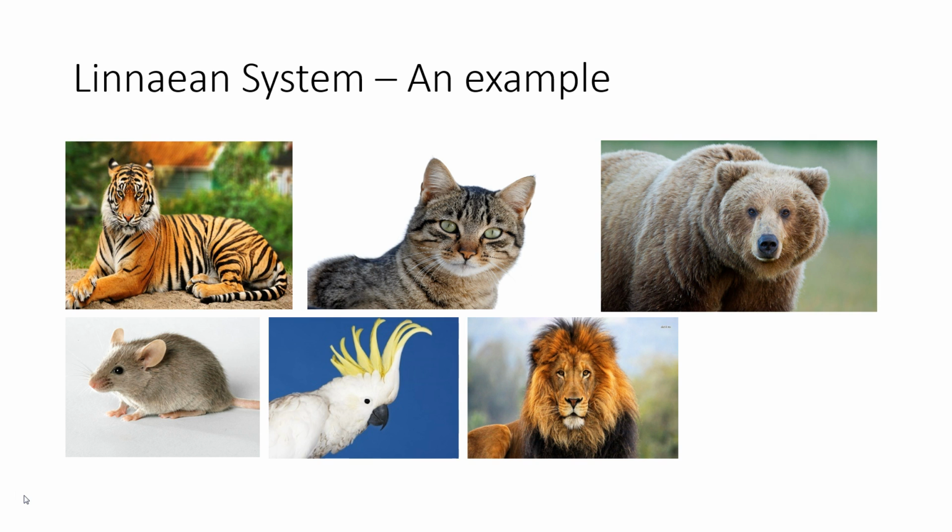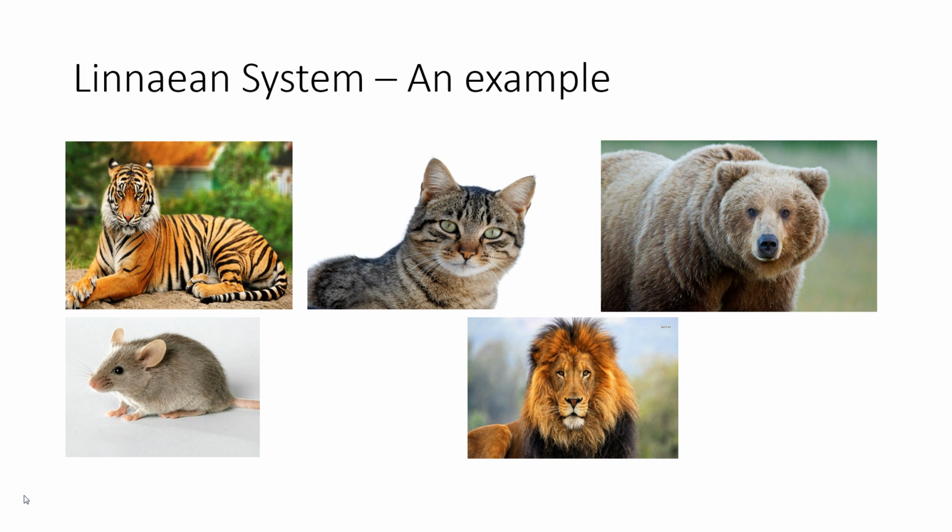All of these living things belong to the same phylum, which is the phylum of animals which have backbones. Of these 6 backboned animals, one of them does not have fur. So the cockatoo is least like the others.